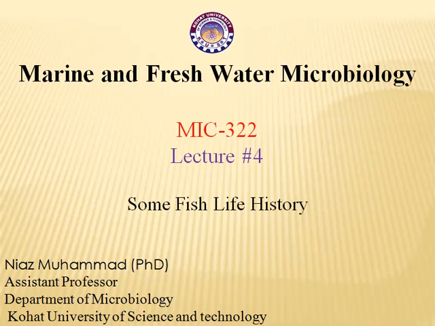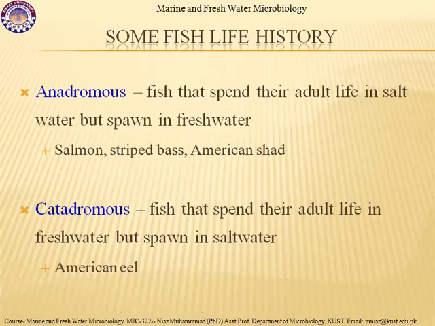No doctor to date has advised stopping fish; for every patient it is advised to eat fish. It is a cheap source of protein, found in oceans, rivers, and lakes. So what do we know about fish life, what is the history of fish life? We will see here.